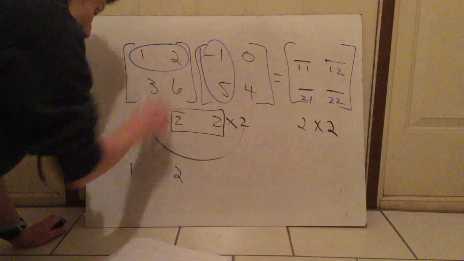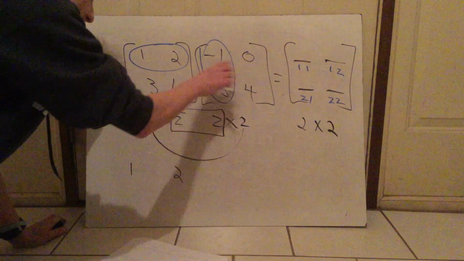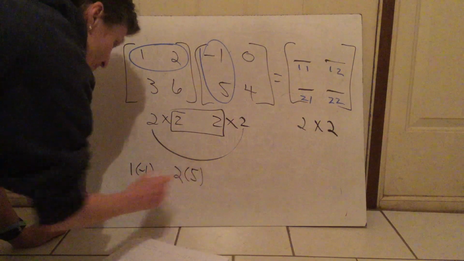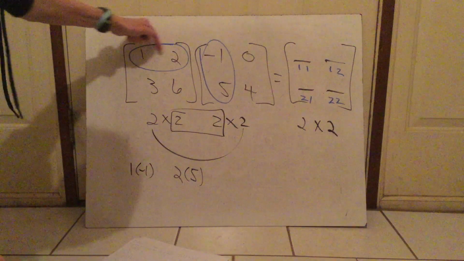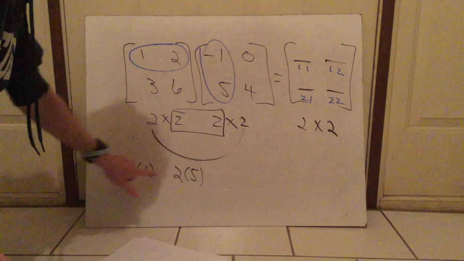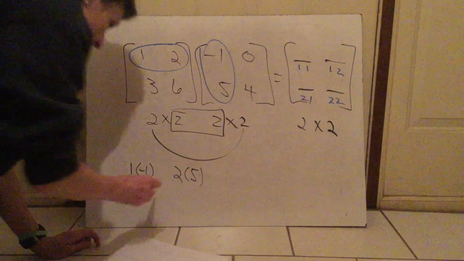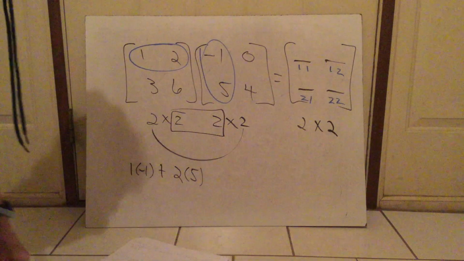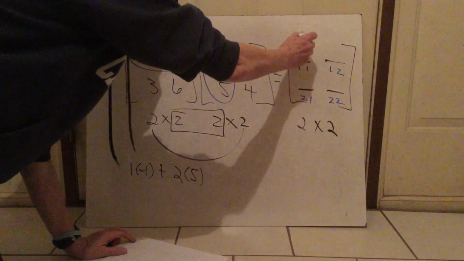So that's 1, 2. And then next to that, I'll put my numbers in the column. That's negative 1, 5. Now I'm going to multiply each pair and add them up. So negative 1 plus 10 is 9.